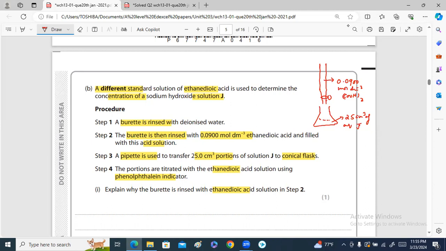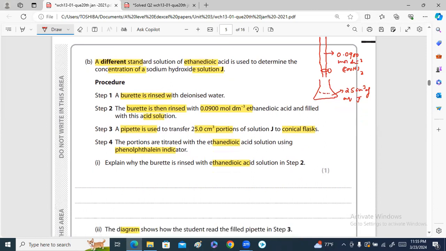To stop the dilution of the acid. This burette may contain some amount of water and that can dilute your solution. Or we can also say that we are doing that to remove remaining water from the burette.